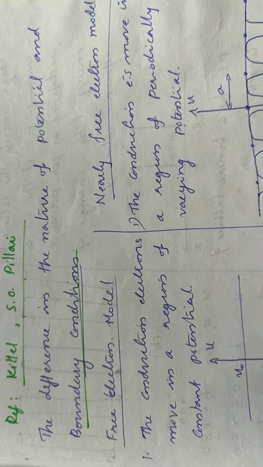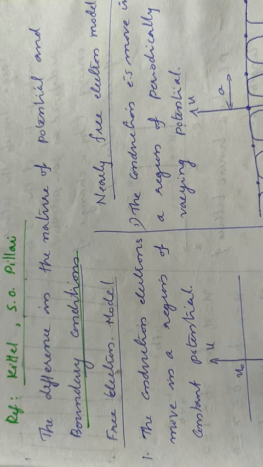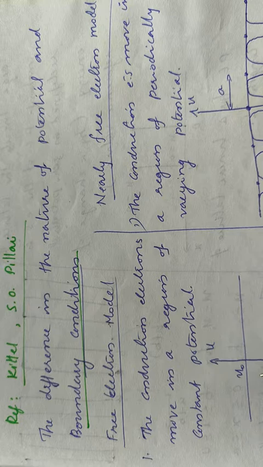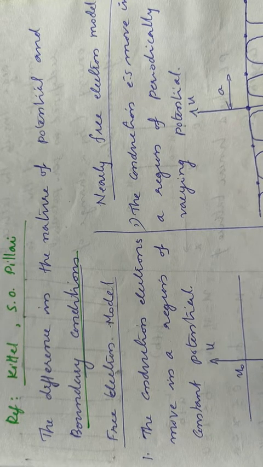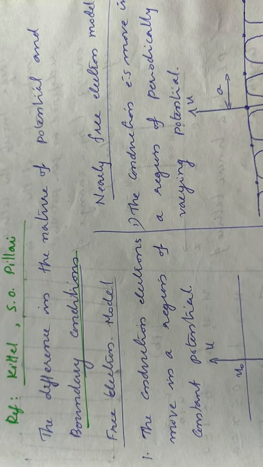In our free electron model, the electrons moving inside the crystal lattice are very free to move. Actually, whenever the electrons are moving inside the crystal lattice, they are experiencing a potential, a large negative potential actually. I will explain how.